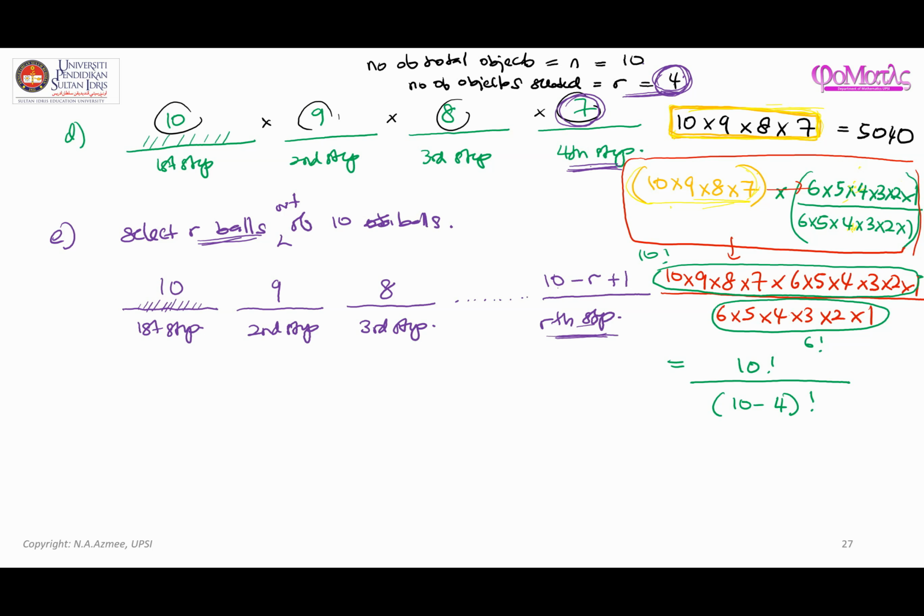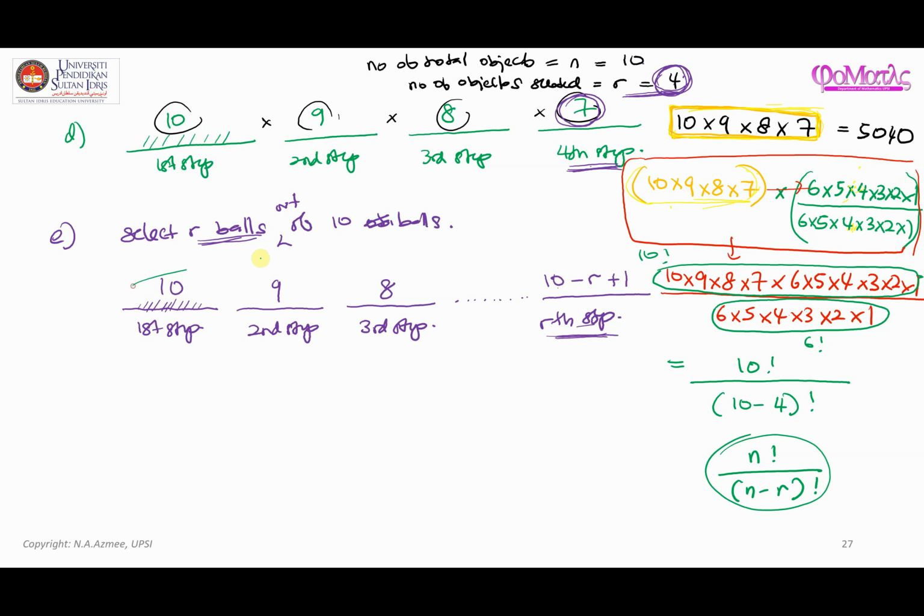Okay, and actually this is something that you have seen, or I believe that a lot of you have been using this formula, which is the general formula here, n factorial over n minus r factorial. So that's the process. Okay, you can see that I started off our discussion with the idea of basic counting rule, but then you can arrive to this conclusion of using this permutation formula.